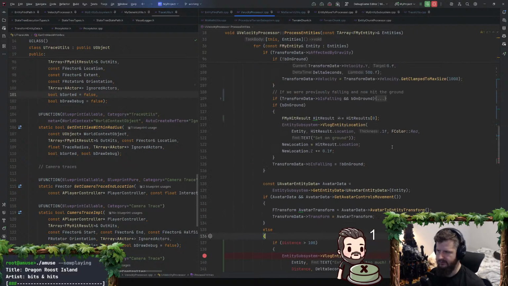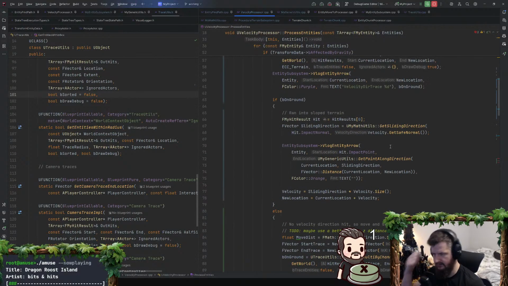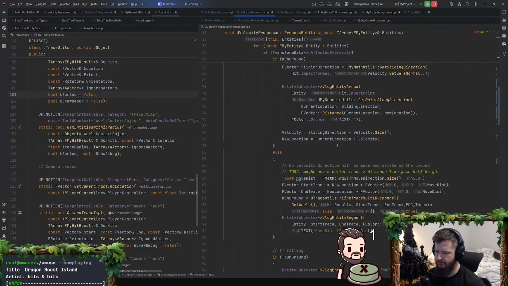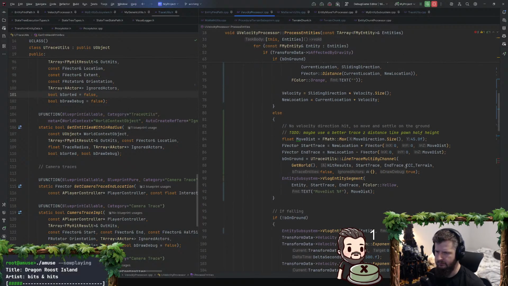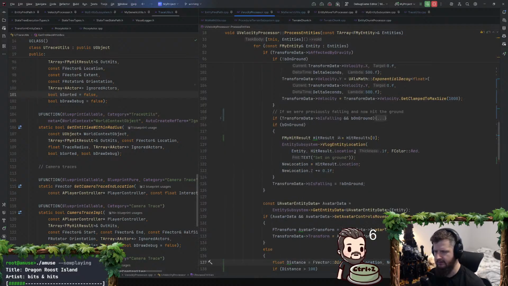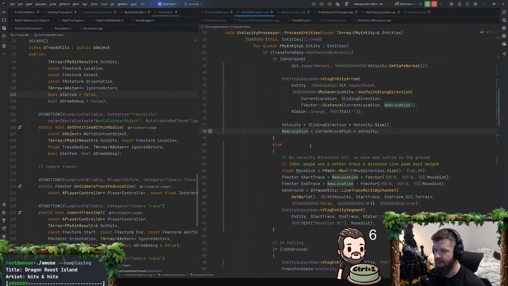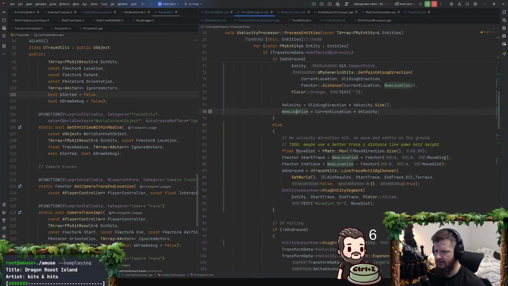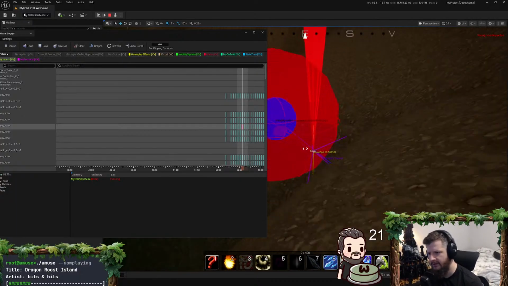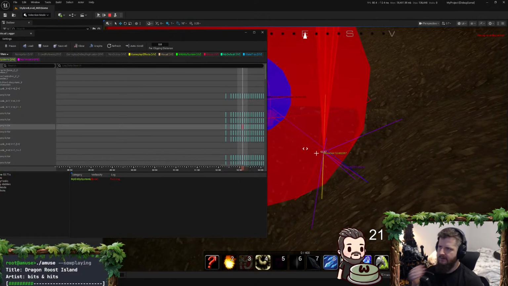Which we're already kind of doing. So let's actually just move that up. I don't like that. Keep that there. Not a good spot to put that because we override new location right there. 45, yeah, because what would happen is 45 schmeckles. If he was moving faster than that, I mean, that's fine.